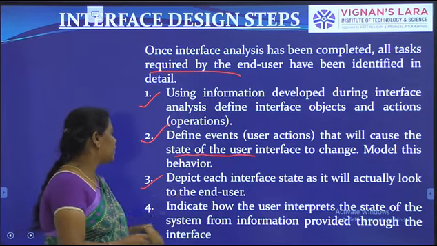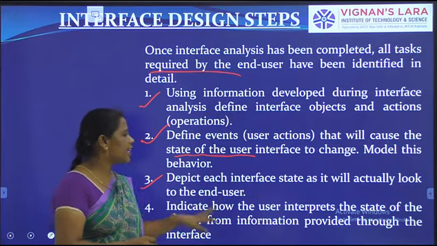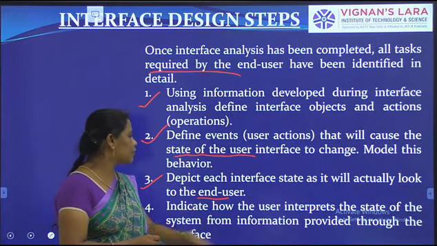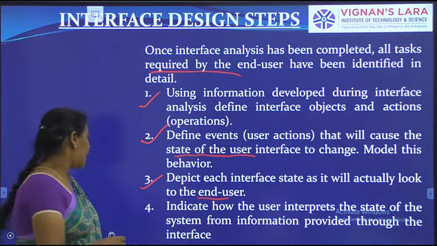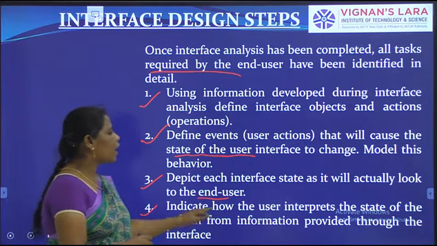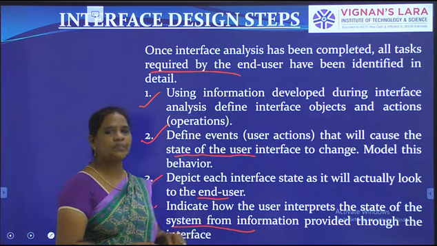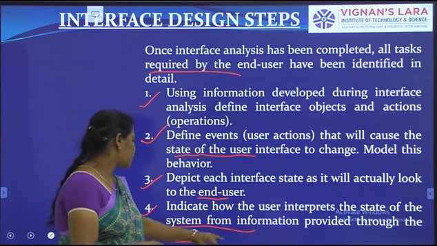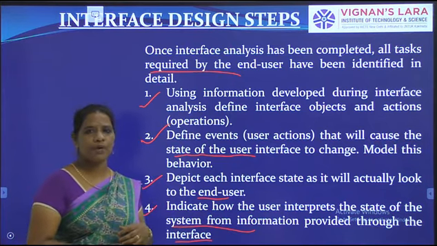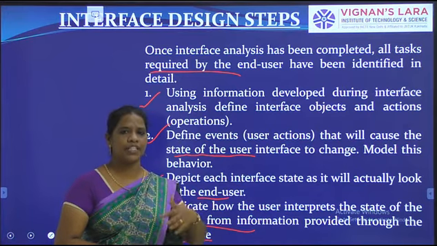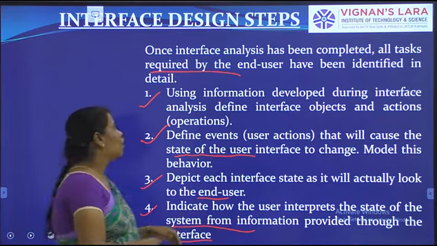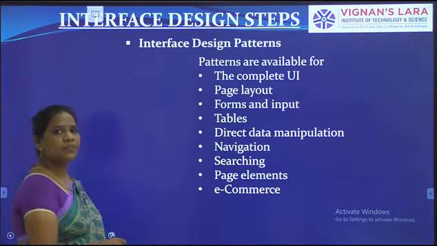Thirdly, depict each interface state as it will actually look to the end user. And the fourth one is indicate how the user interprets the state of the system from information provided throughout the interface. So what type of information we are providing throughout the interface when the user is interacting with the system.